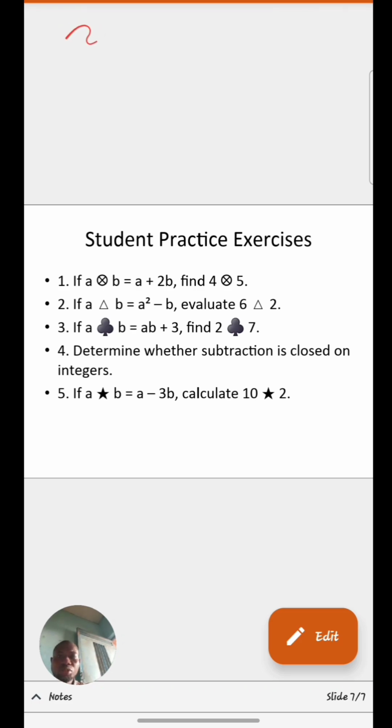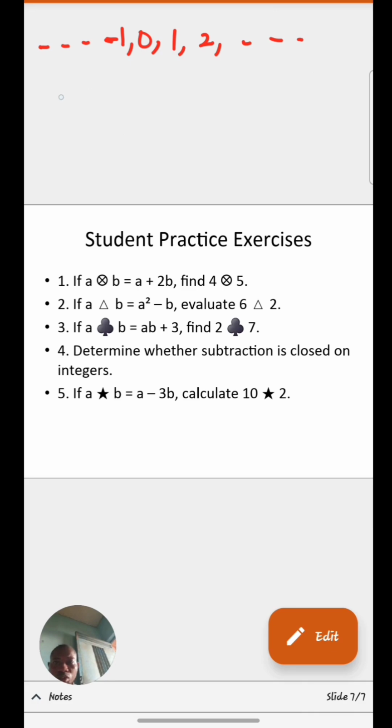So integers start from minus infinity, minus 1, 0, 1, 2 to infinity. Now, if you want to check that, just pick any of the operations.